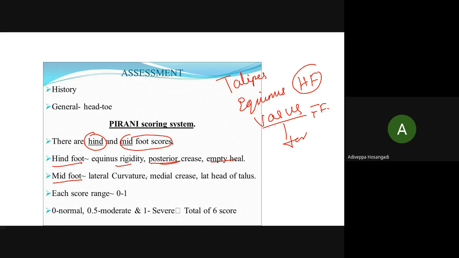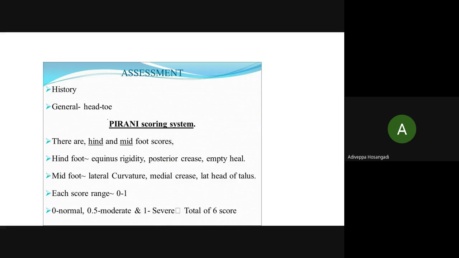Midfoot again: medial crease, lateral head of the talus, and lateral curvature. Please remember, don't get confused. Pirani score is for CTV. It takes into account the hind foot and midfoot. Midfoot means there is a medial crease. Hind foot means there is a posterior crease. The heel in varus means there is an empty heel.